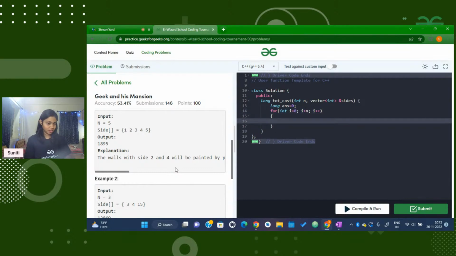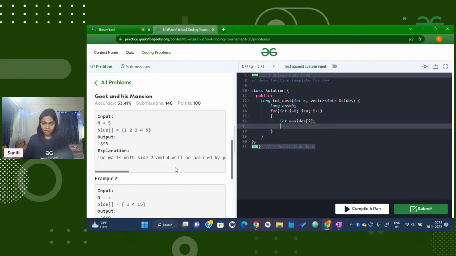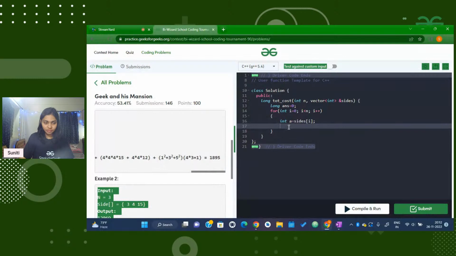What we have here is, int A is coming to be sides of i.